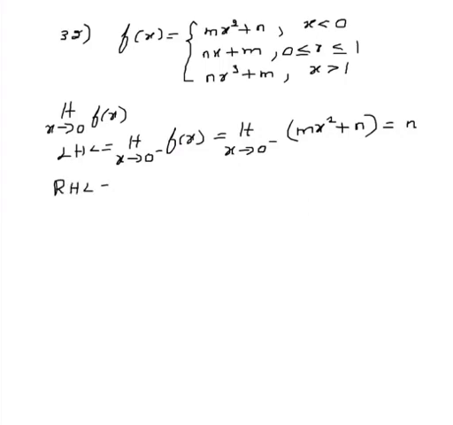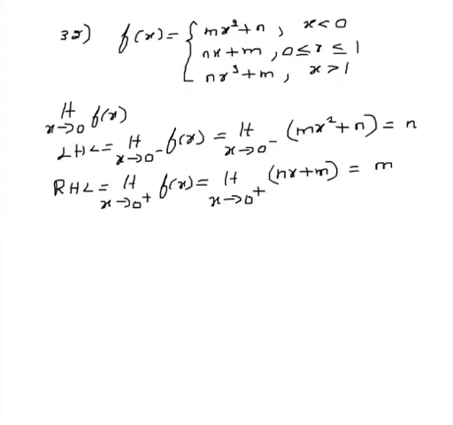Let us find RHL. Limit x tends to 0 plus f of x. So we need to use the greater than or equal to 0 definition, the second one, nx plus m. This is a linear polynomial. It is defined at 0. We can substitute directly 0. So 0 plus m is m.